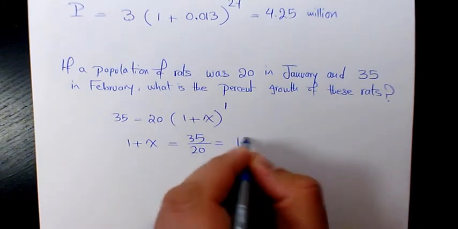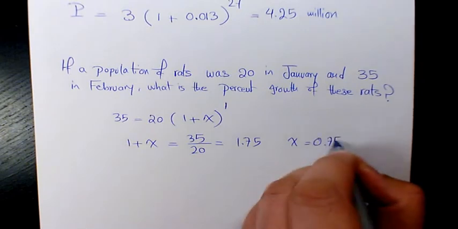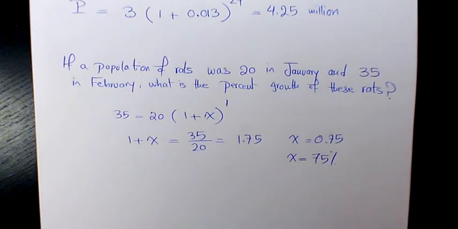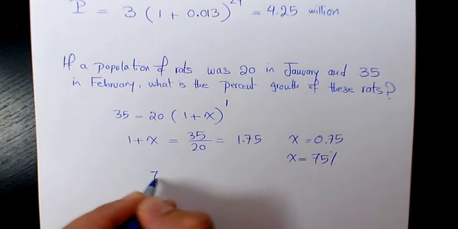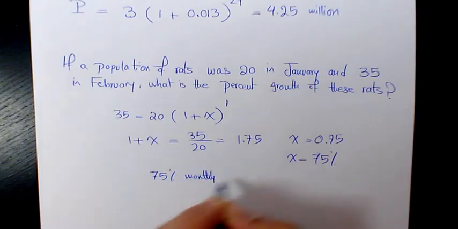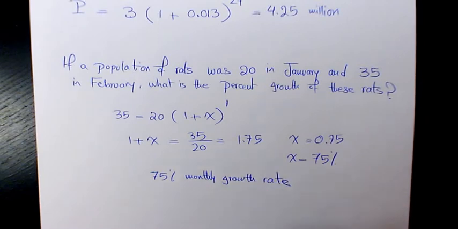That's going to be 1.75. So X will be 0.75. So it means that 75% growth rate in 1 month. So I can write it 75% monthly growth rate.